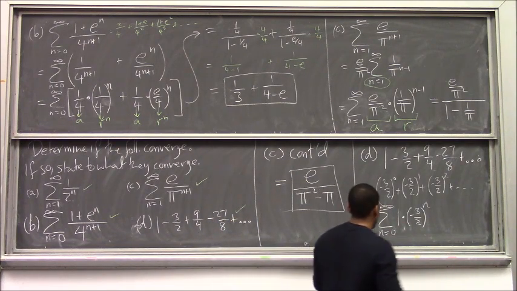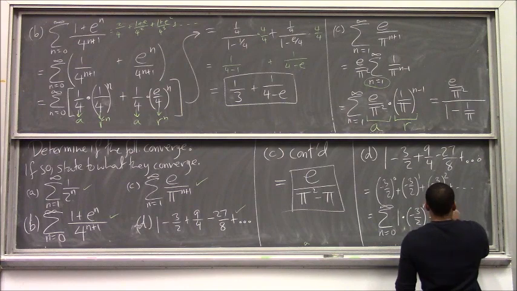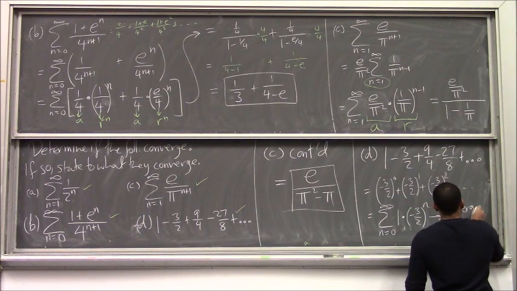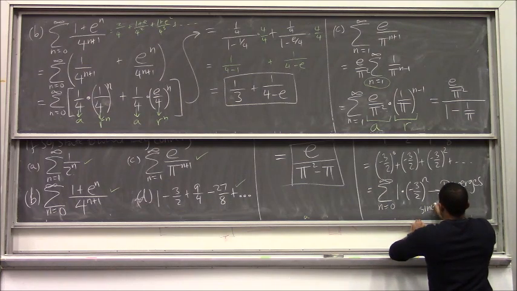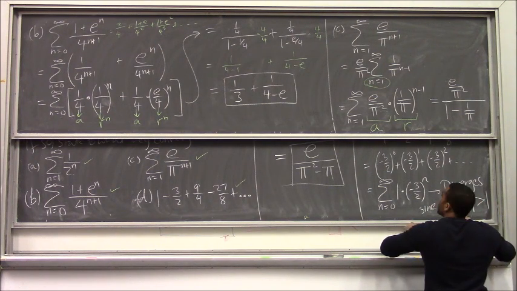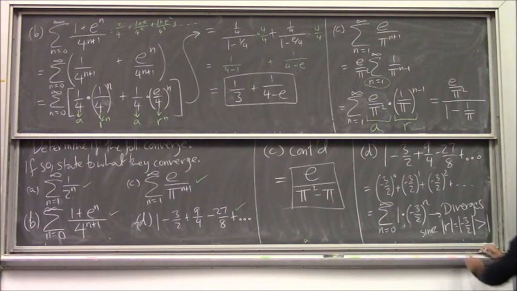So here, you know that this diverges, since the absolute value of r is equal to the absolute value of negative 3 over 2, which is bigger than 1. So that one diverges.